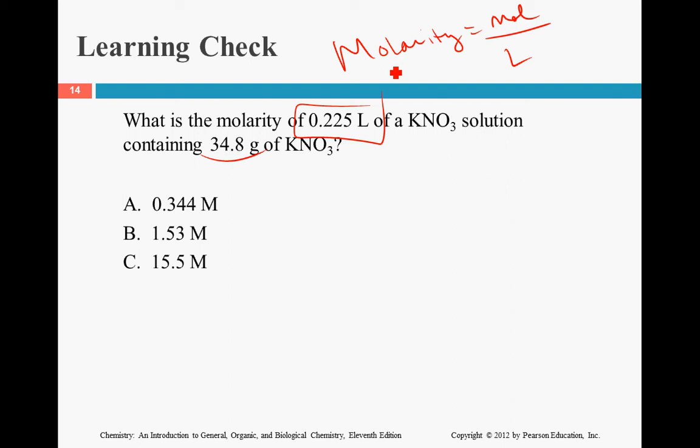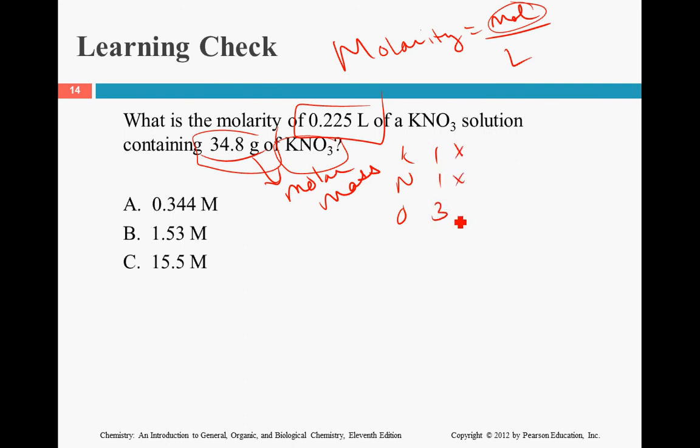While we have the liters here, what we need is the moles. While we have the grams, we can get to moles. Once again, as soon as you see grams, I'm thinking molar mass. So I need to figure out the molar mass of KNO3. So I have K, N, and O. 1 potassium, 1 nitrogen, 3 oxygen.